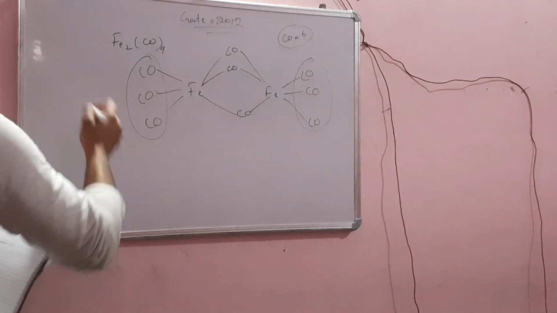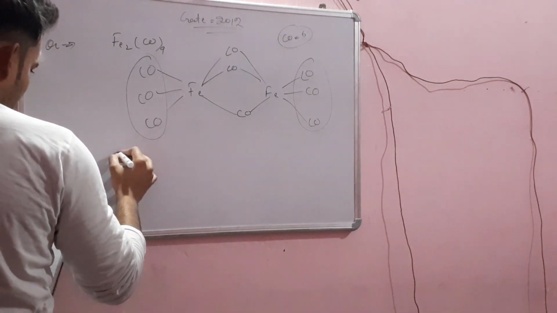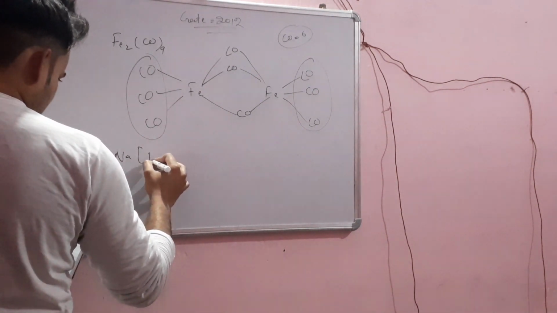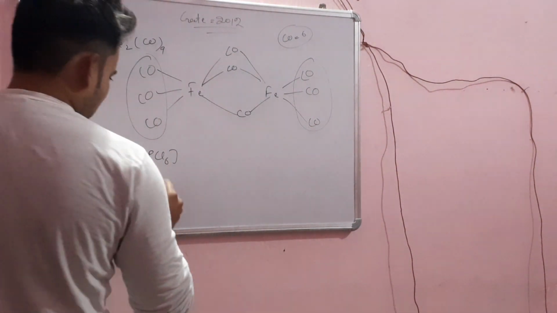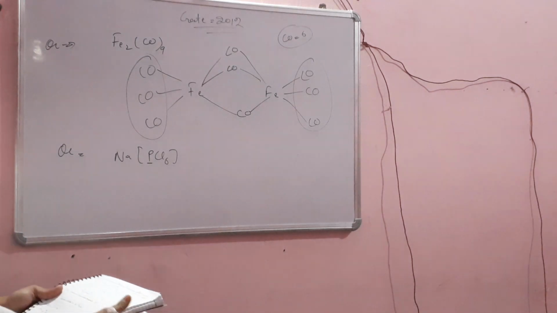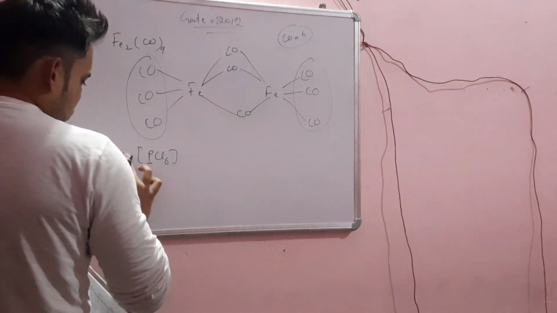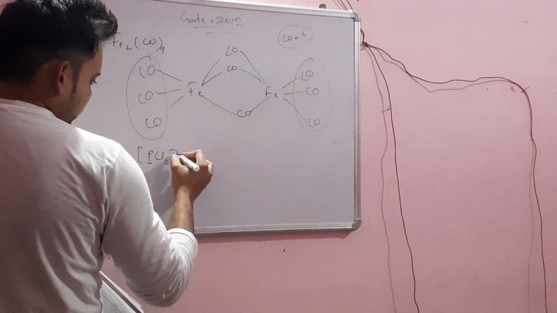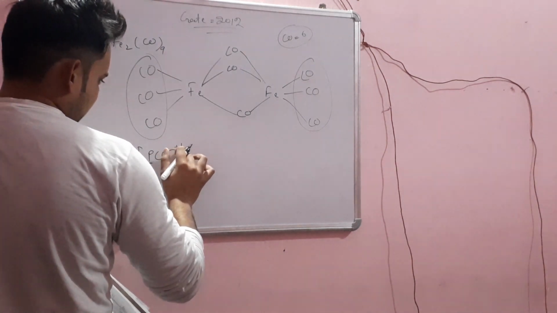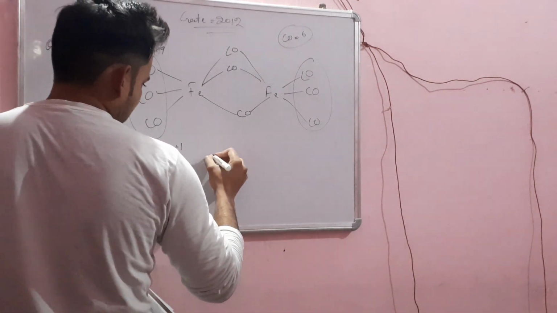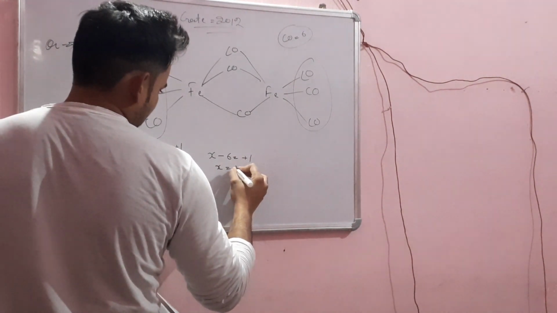The next question is pretty simple also. This is from CSIR and this question is from coordination compounds. You just have to tell the name of this compound. You know that this is phosphate. When you calculate the oxidation state, the positive charge of Na is put up here, and x minus 6 plus 1, x is equal to plus 5.